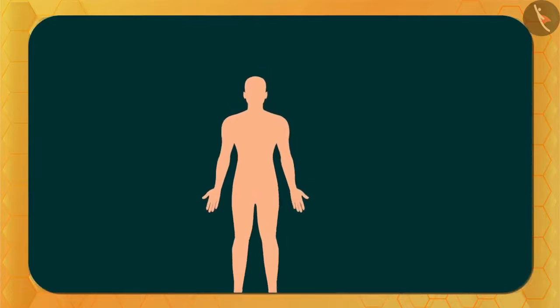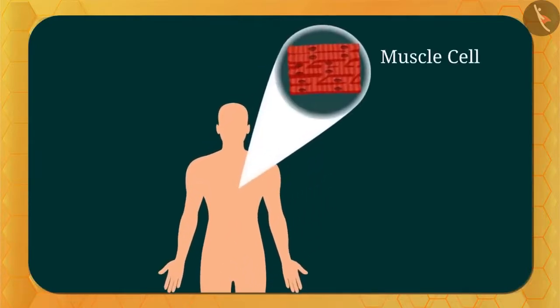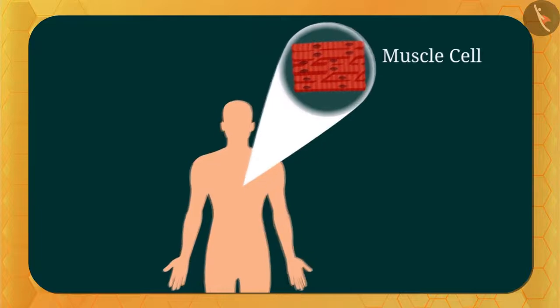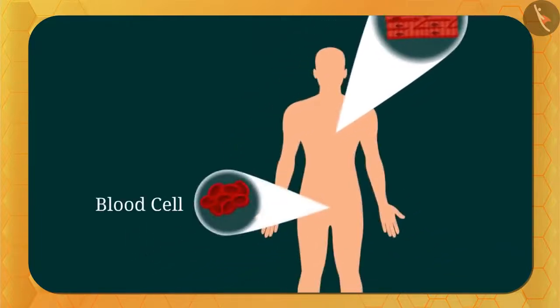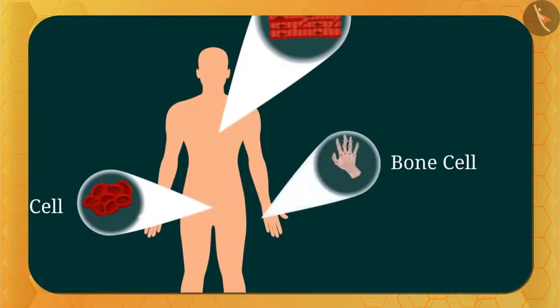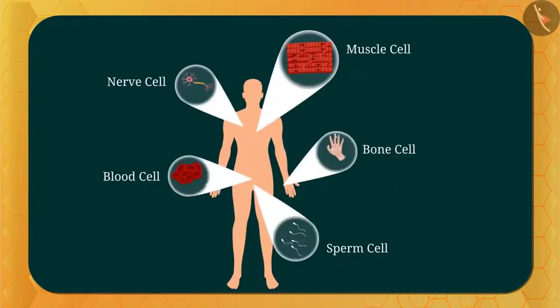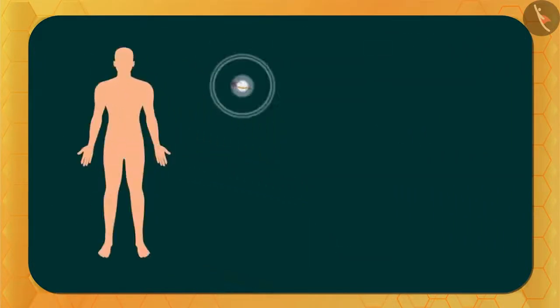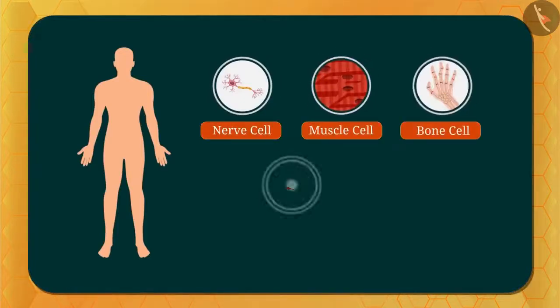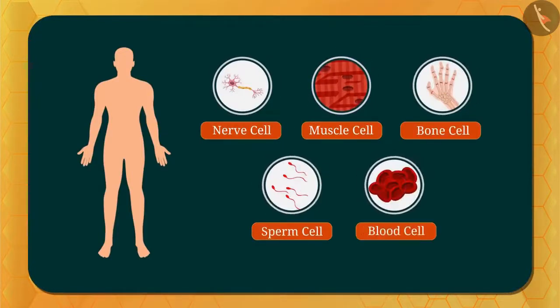For example, muscle cells are of this type of structure. Other cells like blood cells, bone cells, sperm, and nerve cells are of this type. Hence, all cells are different and the structure of a cell is according to its work.